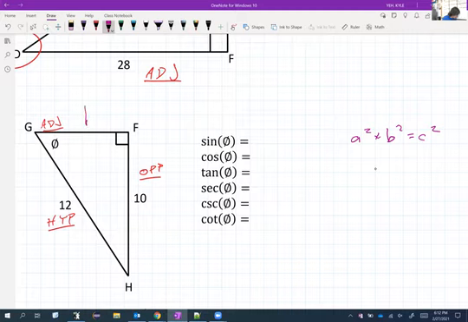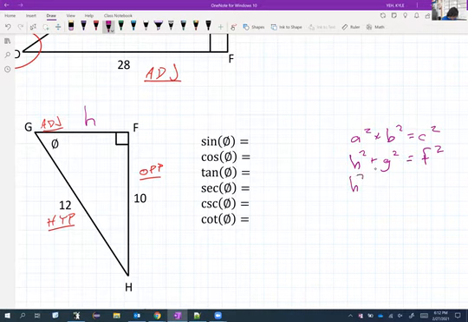This is side lowercase h because it's across from angle H. Angles are denoted with capital letters. The side across from the angle is the exact same letter but lowercase. So that's h. I can rewrite this probably as h squared plus g squared equals f squared.